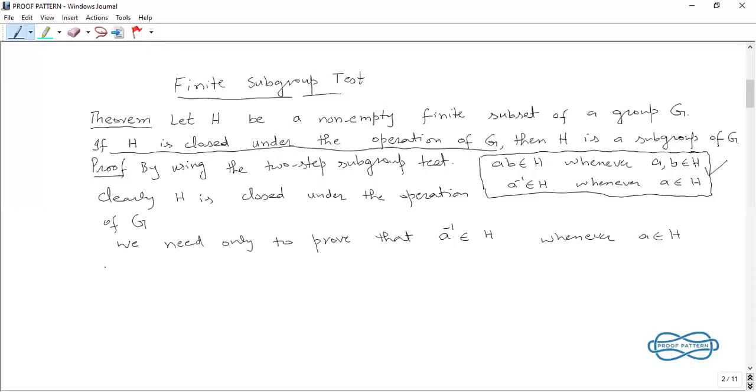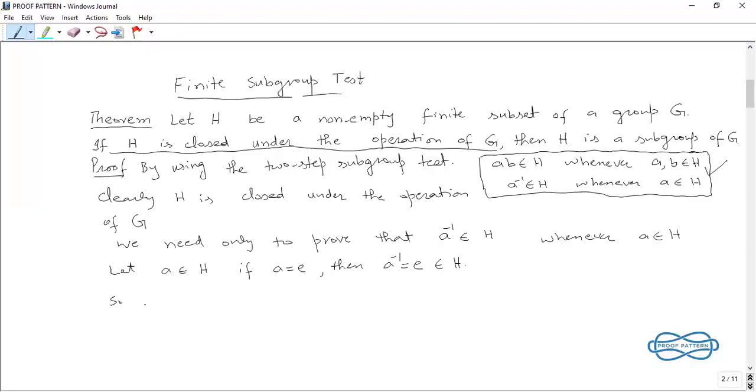Okay. Let A be any arbitrary element in H. If A is equal to the identity element, then there is nothing to prove because A inverse is again the identity and that belongs to H.